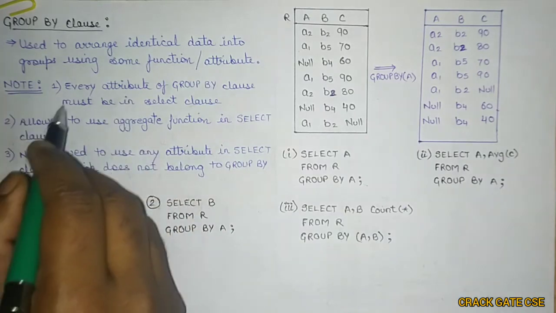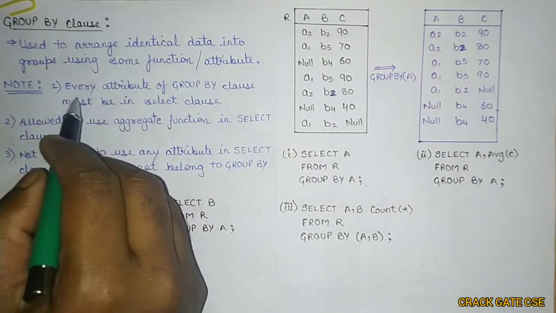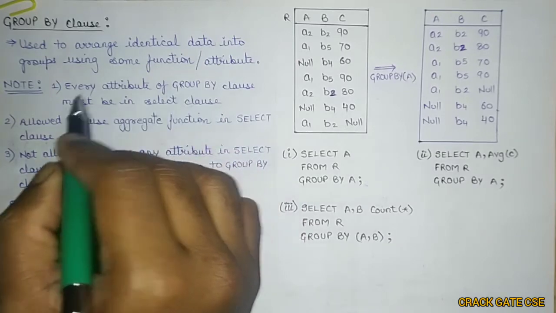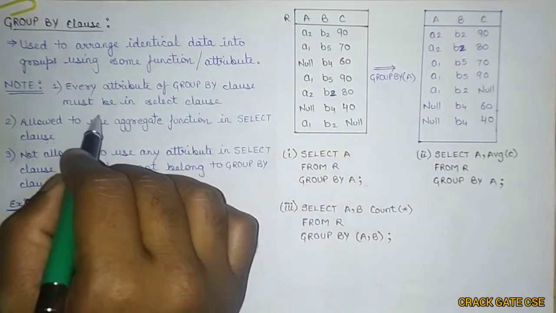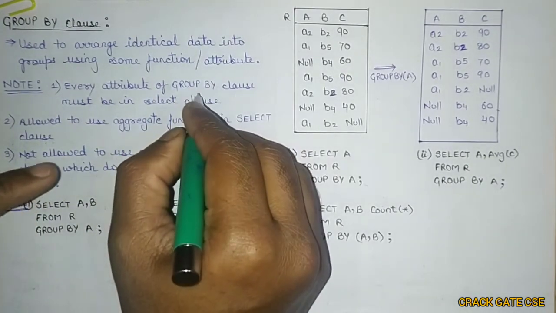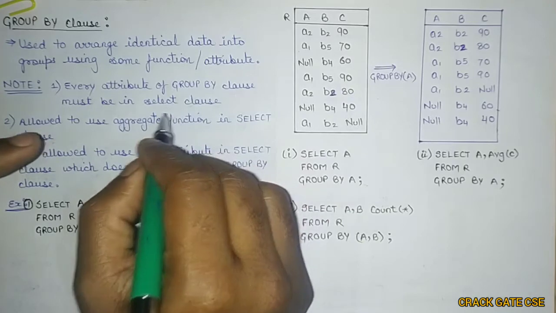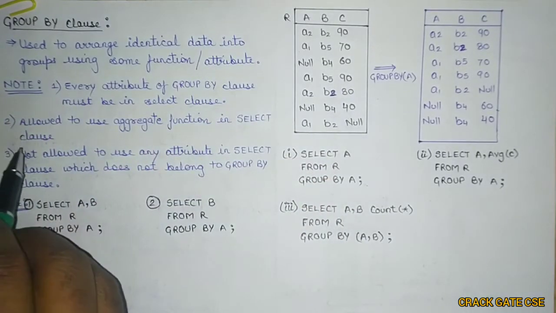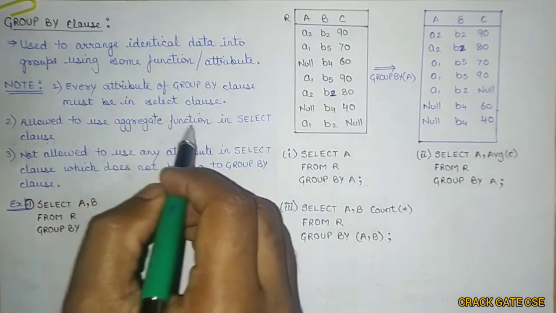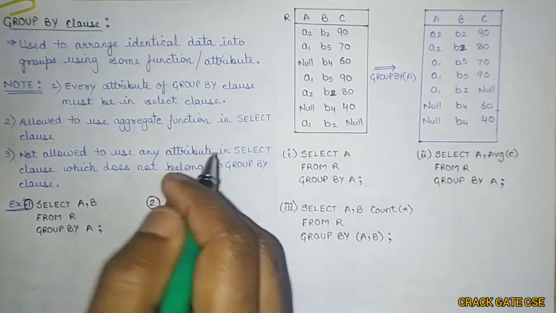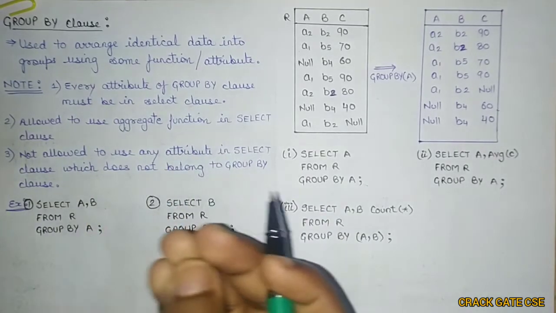The first important point is that every attribute of group by clause, that means whatever attribute you are using with group by clause, must be in the select clause. Next, it is allowed to use the aggregate function in the select clause, that means in the select clause we can use aggregate functions like count, sum, average.